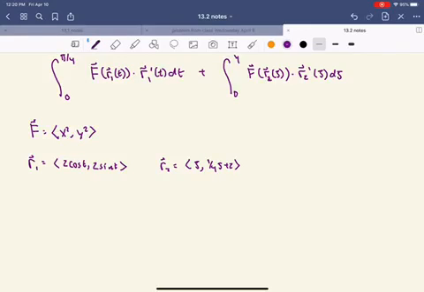Okay, so now we're going to have from 0 to pi over 4. Instead of x squared, y squared, we're going to substitute these expressions for x and y.